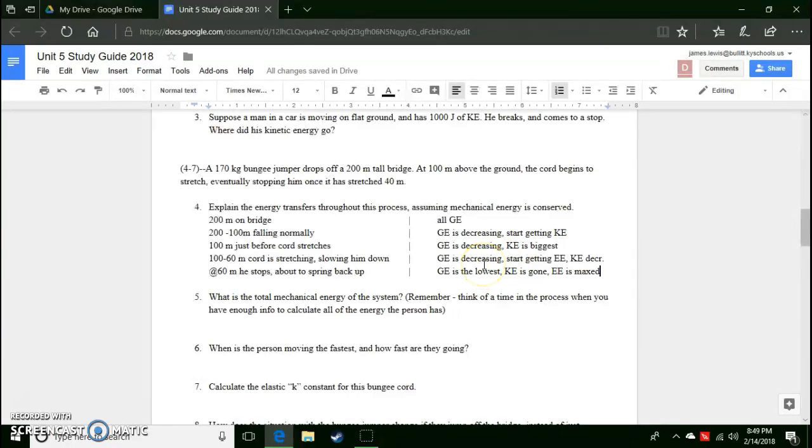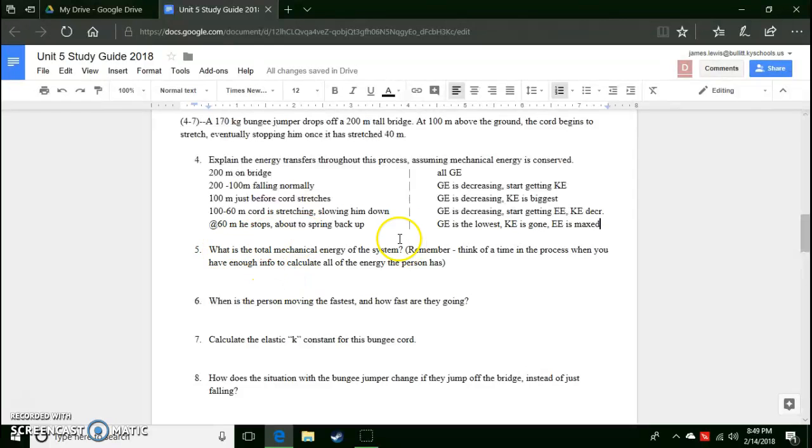Alright, I'm going to go ahead and do number 5 real quick, since I've still got some time in this video. Total mechanical energy of the system. I put in the hint: remember to think of a time in the process when you have enough info to calculate all of the energy the person has. Let's go back up to our explanation. At what point do we know everything about the energy we have?